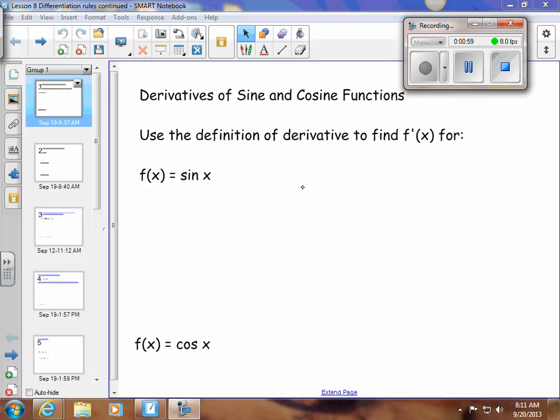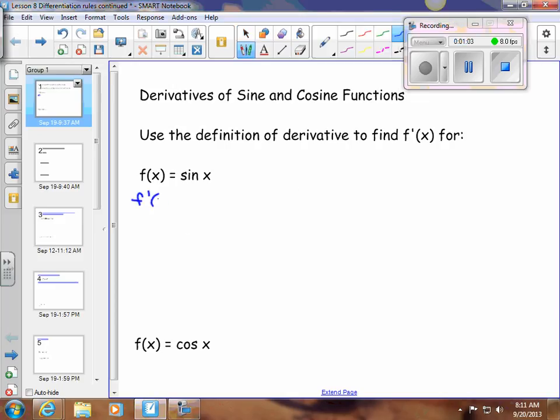So if the function is sine of x and I want to find the derivative, I know that that is the limit as h approaches 0 of f of x plus h, so that would be sine of the quantity x plus h, minus f of x, which is sine of x, all divided by h.